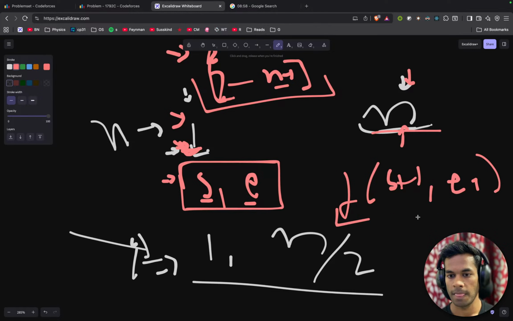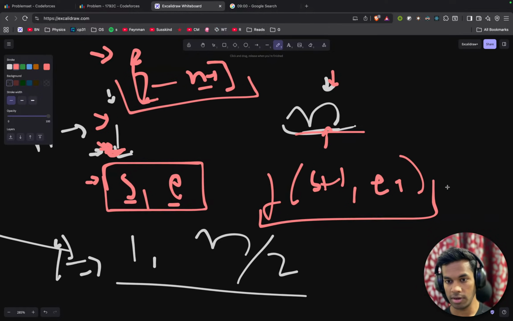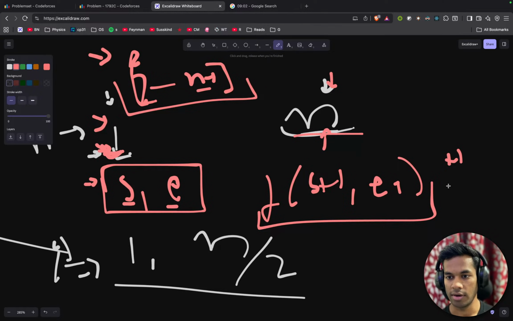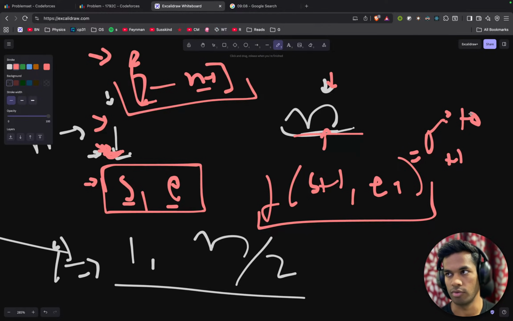And if this number is greater than 1, then we will add 1 to this. But if this number is 0, then we will add just 0.